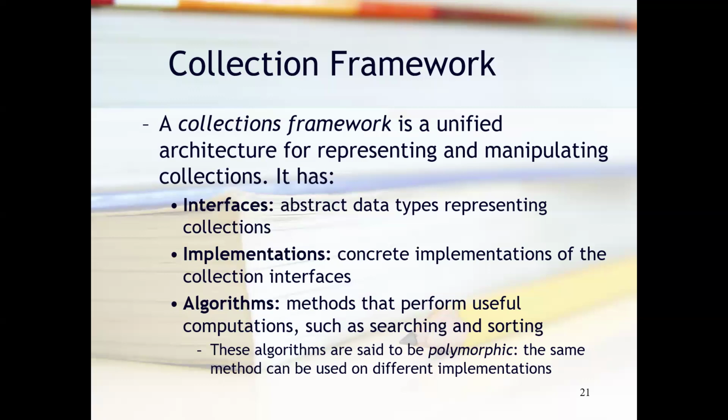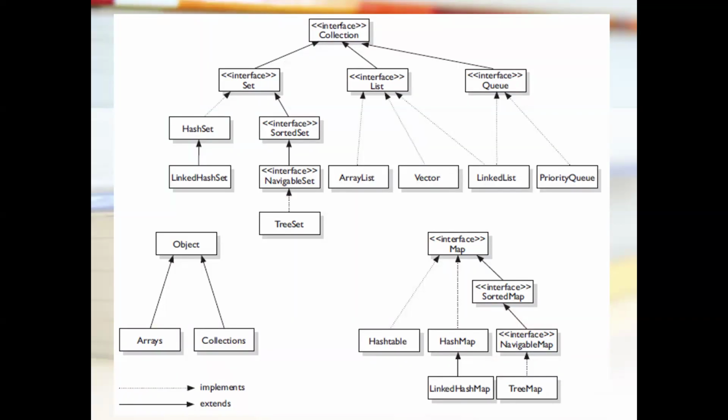The collections framework has interfaces, different implementations, and a set of algorithms. Mainly, the Collection interface (java.util.Collection) and the Map interface are the two main root interfaces of the Java collection classes. In the Java collections framework, you have the List interface, Queue interface, Set interface, and the Map interface.